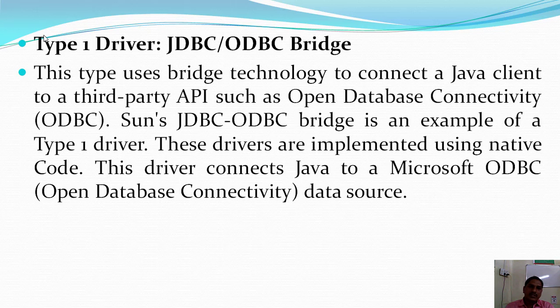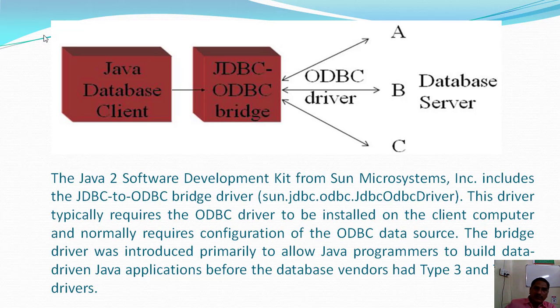This driver connects Java to a Microsoft ODBC data source. The figure shows the Type 1 driver: a Java database client connects through the JDBC ODBC bridge driver, and this bridge driver communicates to different database servers. ODBC driver A, B, C, these are the database servers.